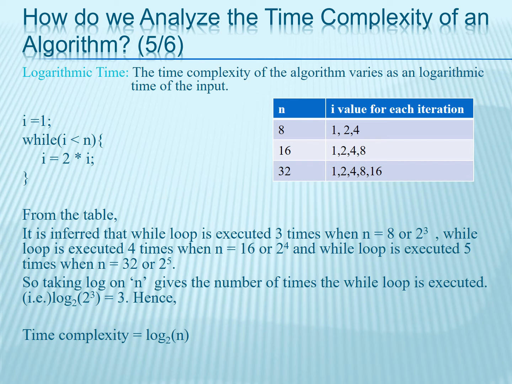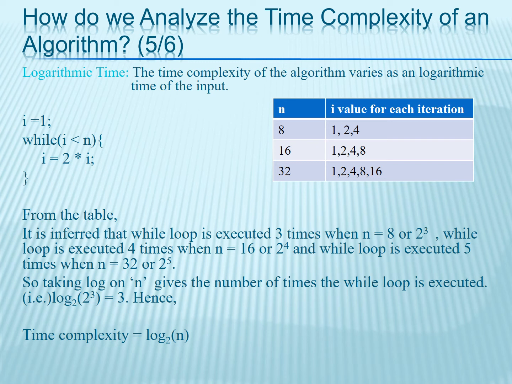Here, every time the while loop is executed, the value of I is doubled and the while loop checks the value of I with the input value n. From the table given here, when n is equal to 8, the while loop is looped for 3 times. When n is equal to 16, the while loop is executed 4 times.